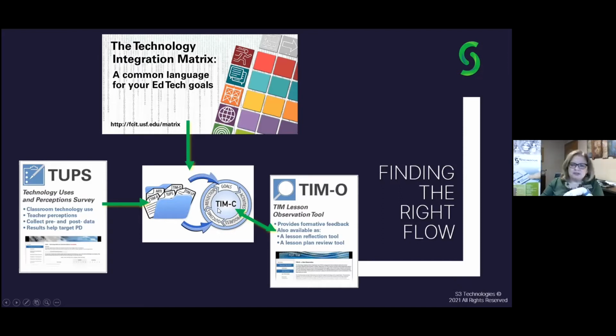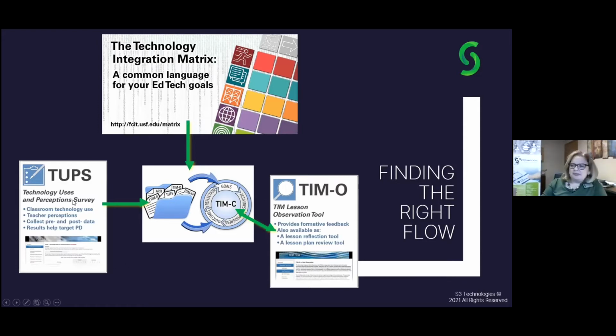We're thrilled about the new TIMC tools. We haven't gotten to use them yet. We had built our own TIMC tools, so we're glad that those are part of the TIM tools now. You're using the Technology Integration Matrix as the base for those coaching cycles, and then you're writing them up in the TIM observations.